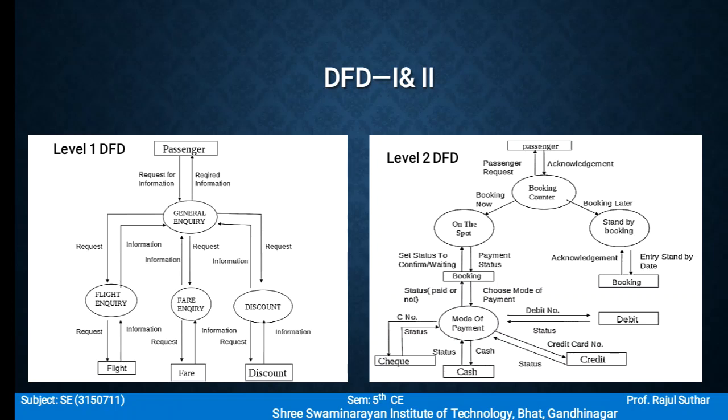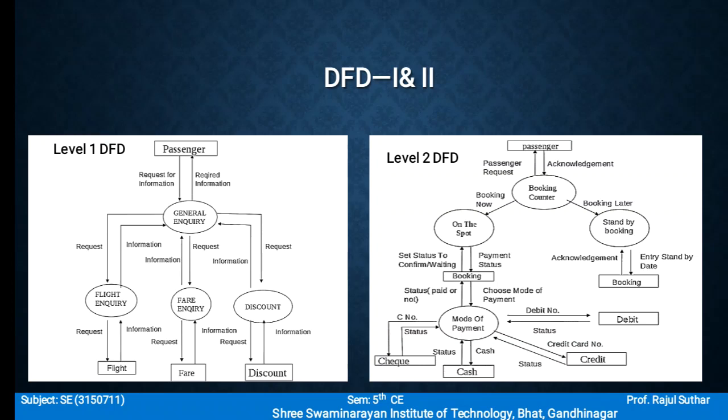Here level 1 DFD is a detailed diagram, the next step of the context diagram. After collecting information, the passenger requires information like flight inquiry, fare inquiry or discount. This is called the general inquiry, and it is divided into 3 parts. If the passenger requests a flight inquiry, it replies with the flight information.